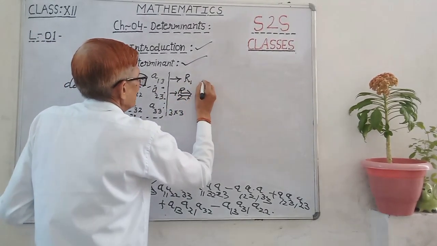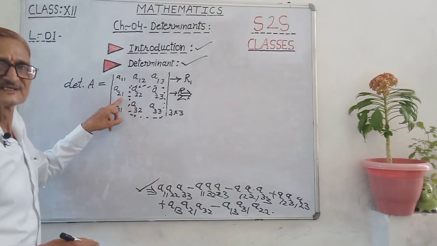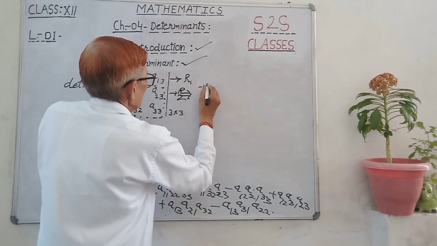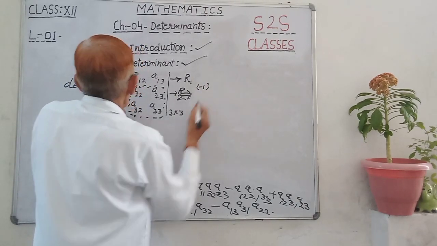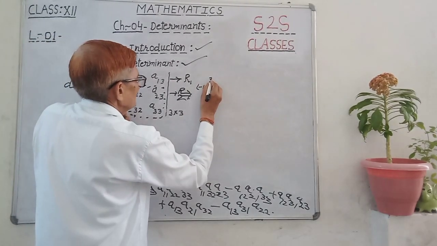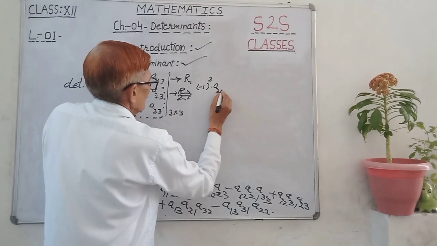Along R2, expanding, the A21 element, the same formula, minus 1 power i plus j, 2 plus 1 is 3, into A21.